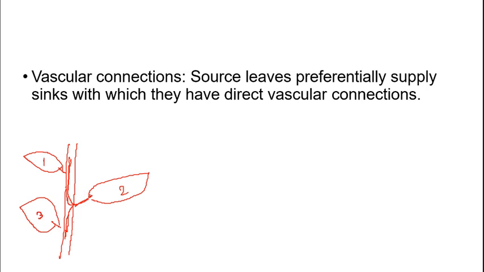If 1 is a developing leaf, then 2, a mature leaf, is directly connected with 1, but 3 is not directly connected with 1. So the leaves which have direct vascular connection will supply the photosynthate. Preferentially, sinks will take the photosynthate from those regions where they have direct vascular connections.